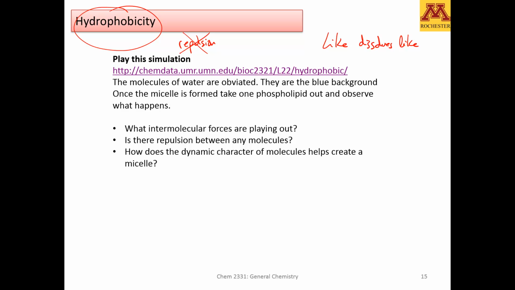What kind of intermolecular forces are playing out? If you say hydrophobicity, it's true, but you have to be careful at explaining what hydrophobicity is. As we said, there is no repulsion between molecules. The polar part of the molecule is in contact with the external water.